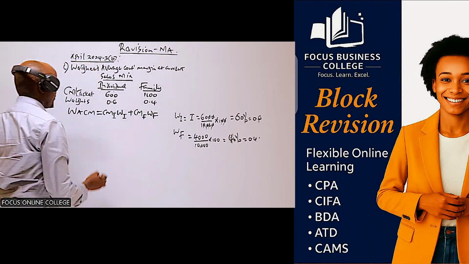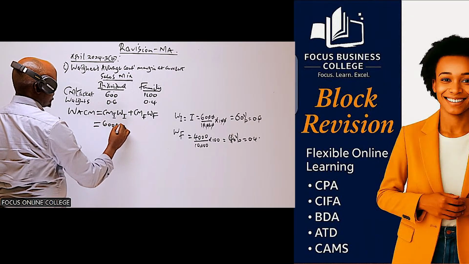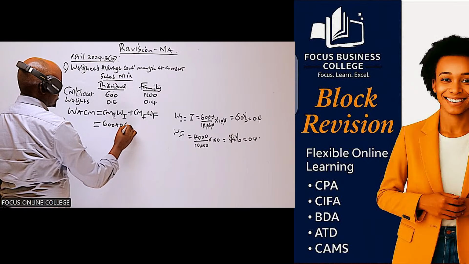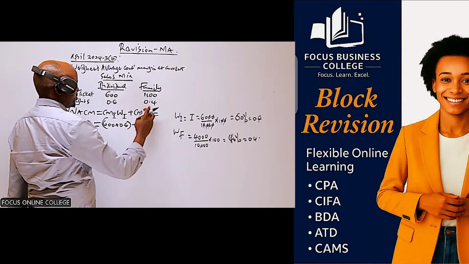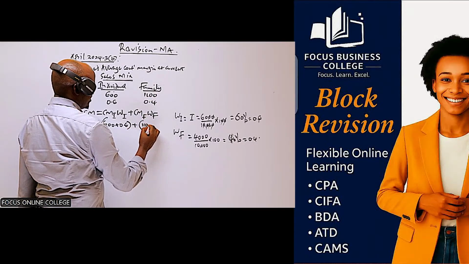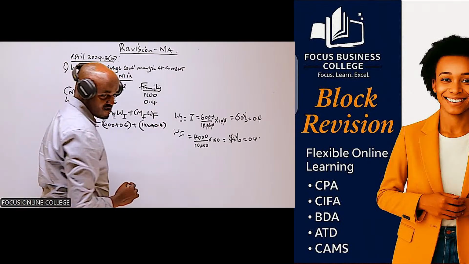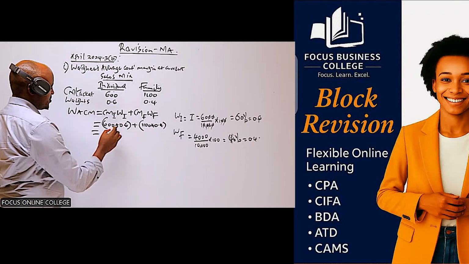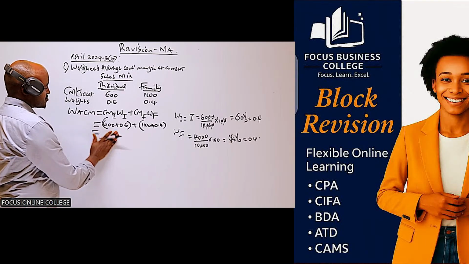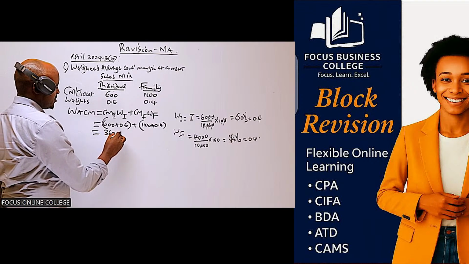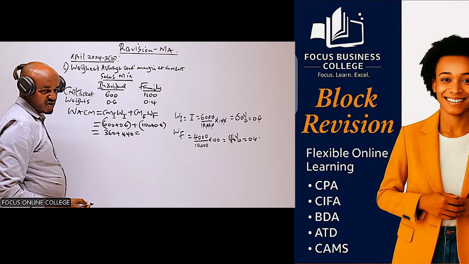So we take 600 times the weight of 0.6, and add the contribution margin of the family ticket, 1,100, times the weight of 0.4. This gives us 360, and this one gives us 440.